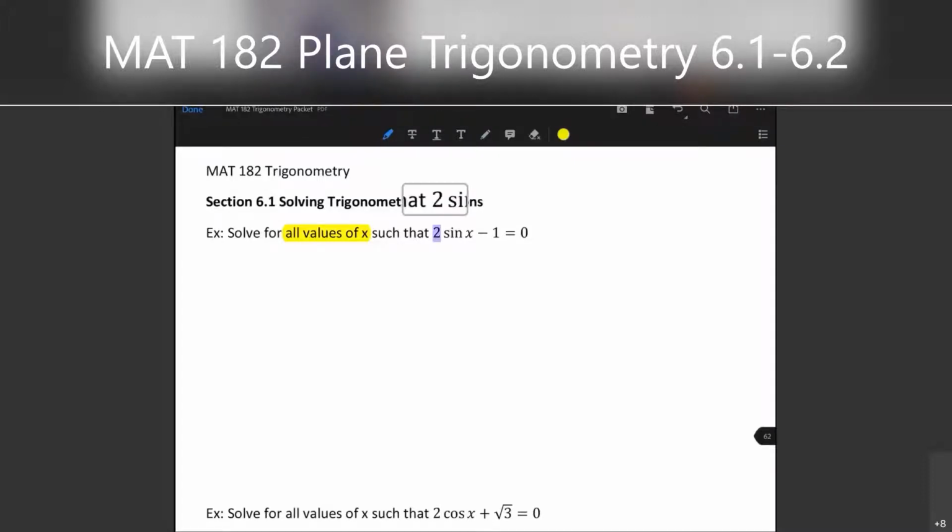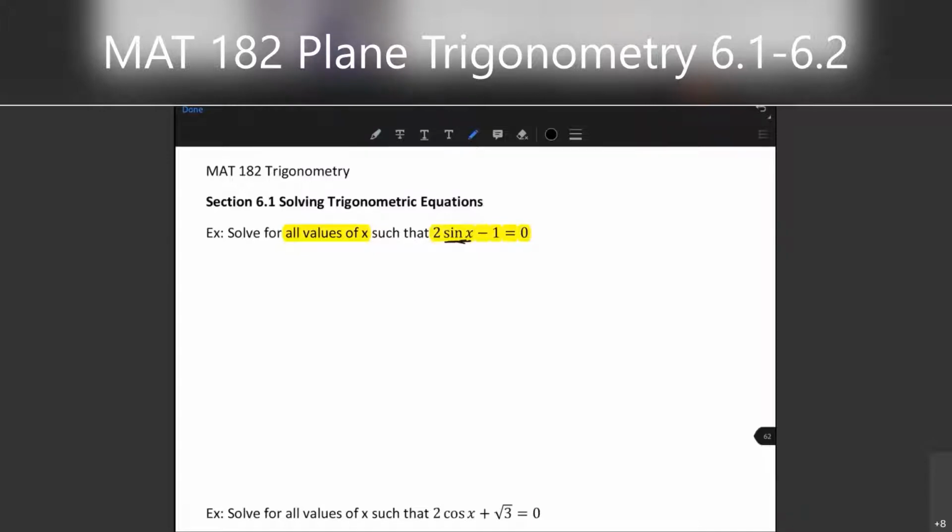So the equation we're working with to start is 2 sine x minus 1 is equal to 0. The first thing we want to consider is solving the equation for the trigonometric function. That's our first technique: if we have a single trigonometric function, we want to isolate the sine of x.